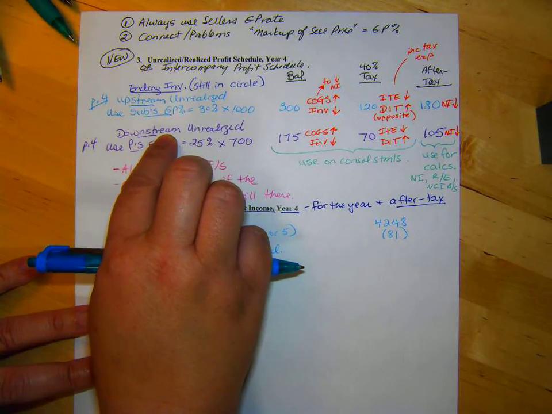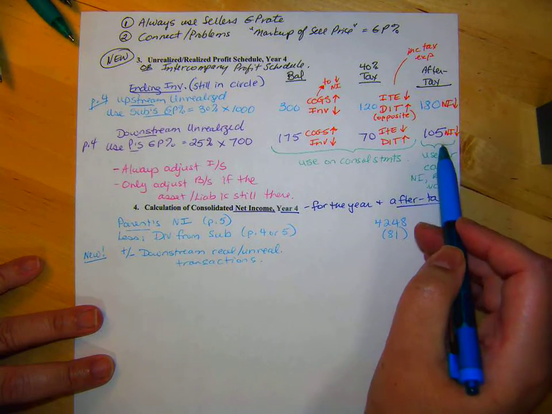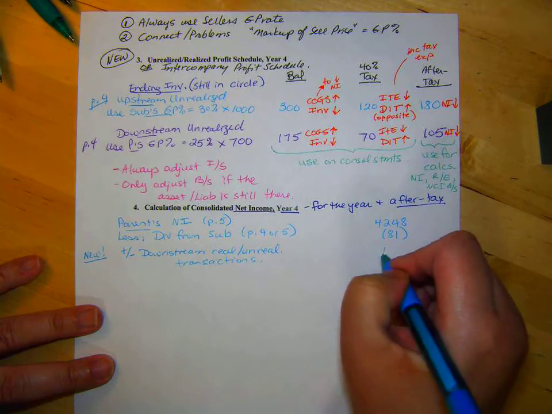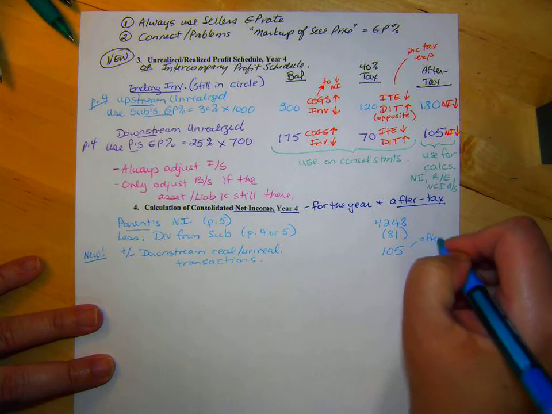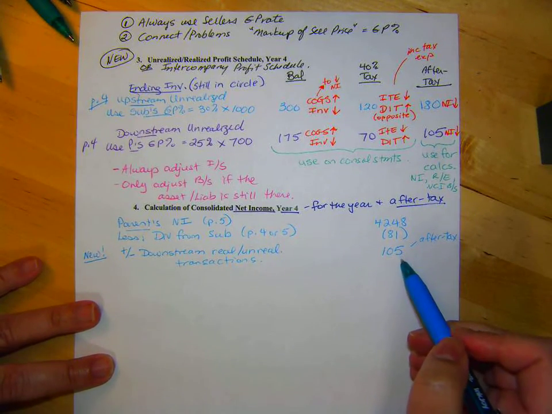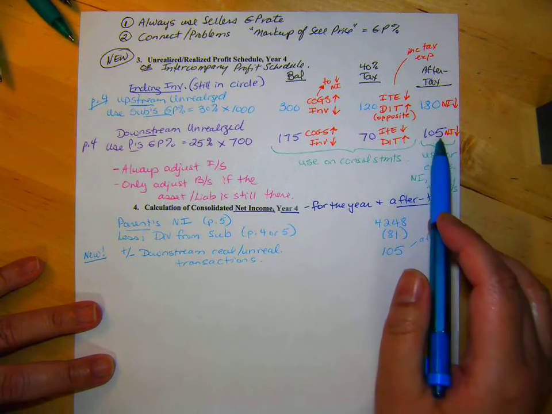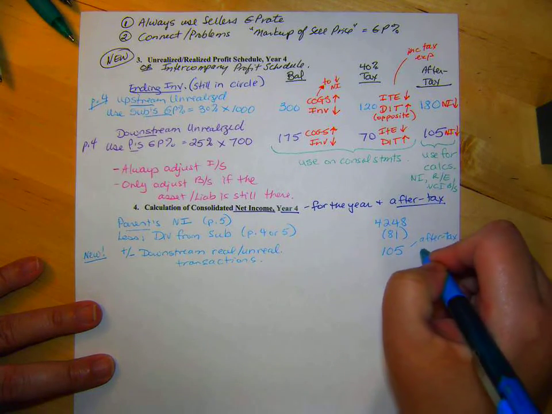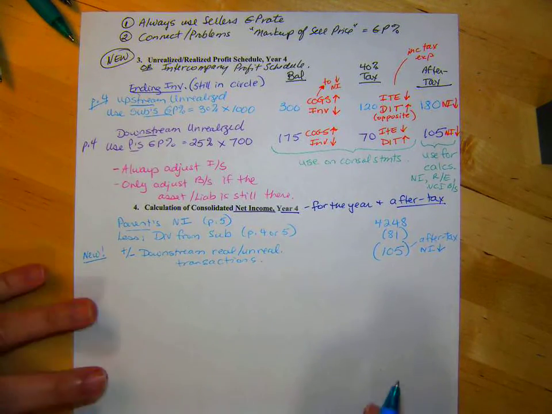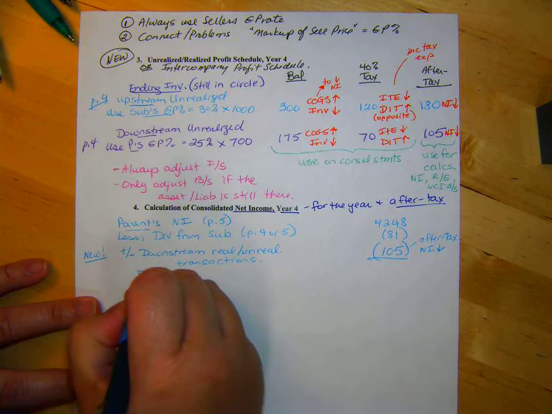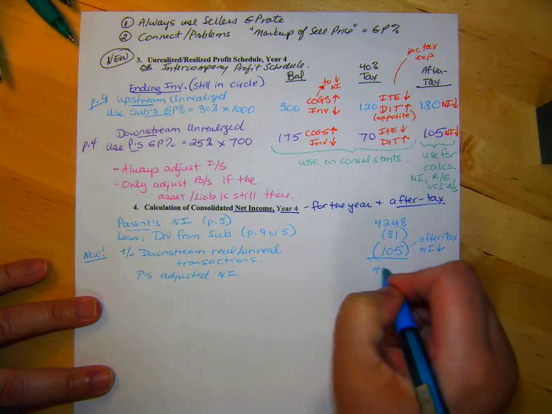Well, it's this one. Now, there's 3 numbers here. Which one should I take? Always after tax, so I'm going to put the 105. I'm just going to make a note that it's after tax. Am I going to add it or subtract it? Am I increasing net income or decreasing it? Well, decreasing, because it shouldn't have been realized. That profit shouldn't be there. So net income's going down, so it's going to be subtracted. And that's the parent's adjusted net income of 4062.